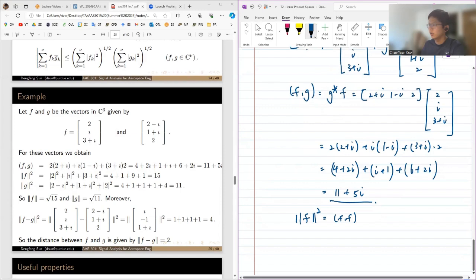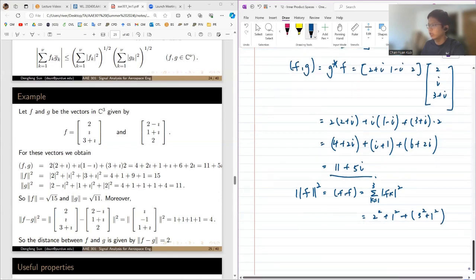This is just going to be the summation of the absolute value of fk squared, k from 1 to 3. So that's going to be 2 squared plus 1 squared plus 3 squared plus 1 squared. And that's 4 plus 1 plus 9 plus 1, so 15.